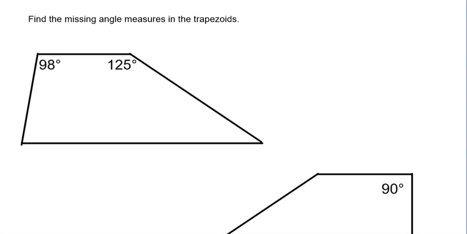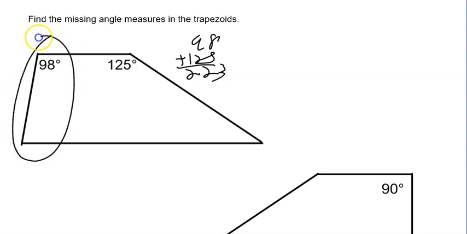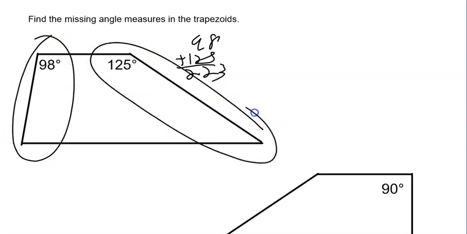Now, if you're not sure which ones to go with, just check. 98 plus 125 equals 223. That's not 180, so it's not those two, so it must be these two and these two. So if I do 180 minus 98, I get 82. And if I do 180 minus 125, I get 55.